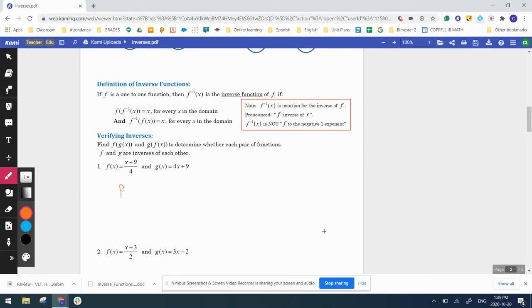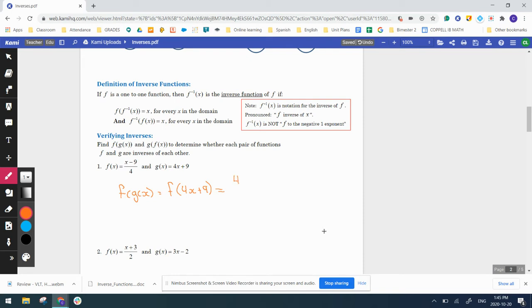So I need to go f of g of x. So I need to put 4x plus 9 into the f function. And if it is an inverse, it should just simplify down to x.